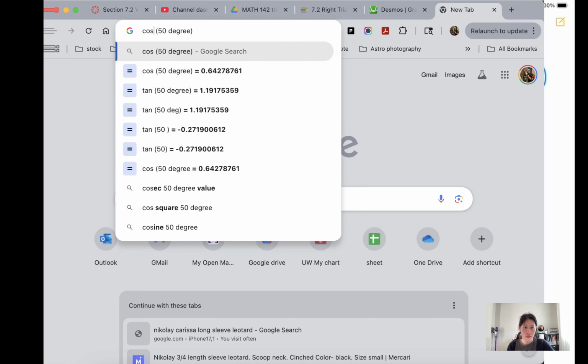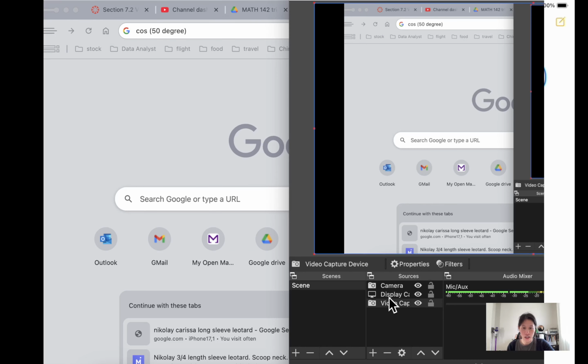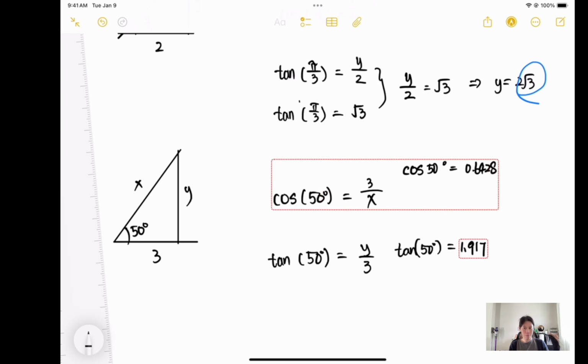Okay, so that's how you use a Google calculator to calculate the degrees.